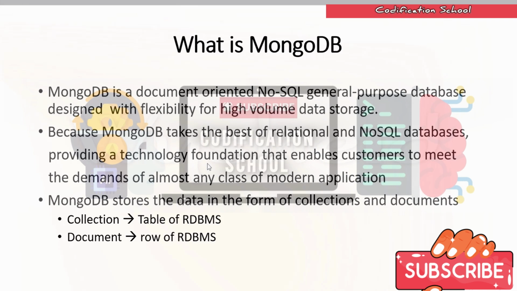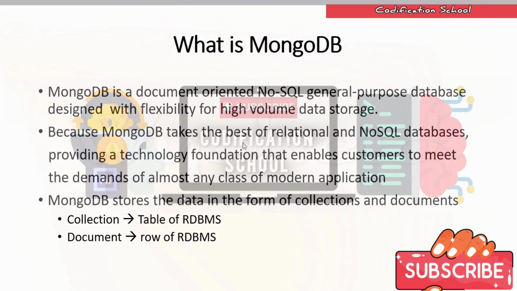For example, you don't have to enforce normalization, and the different documents in MongoDB can have different fields. So there is no rigidity, it is flexible. Any NoSQL database is mainly designed to store a high volume of data, and there is no exception for MongoDB. MongoDB is designed for high volume of data.